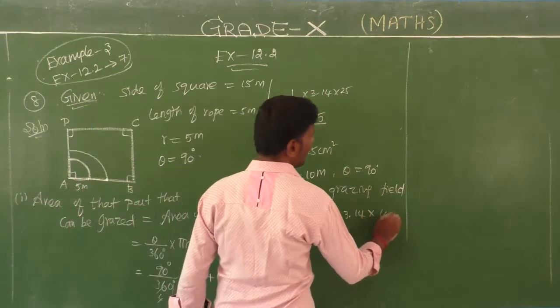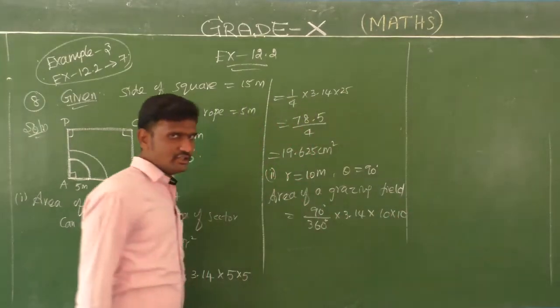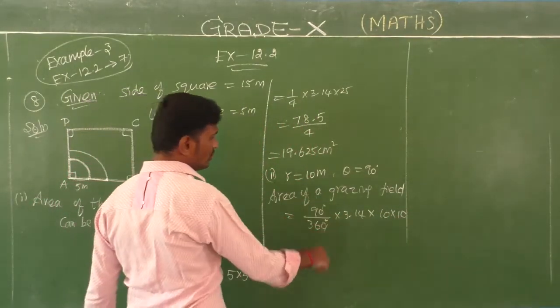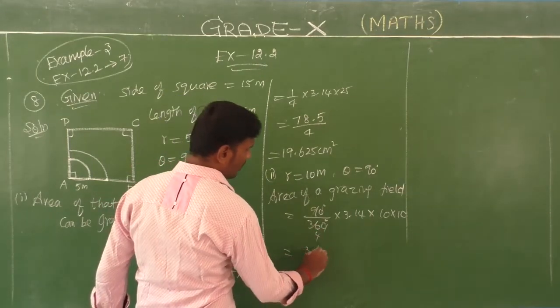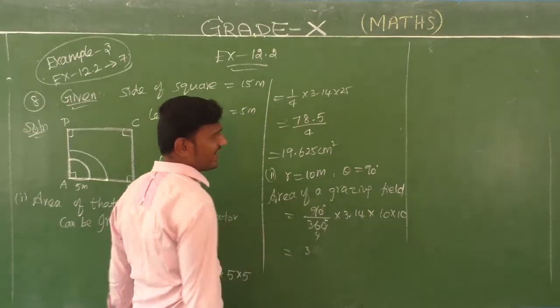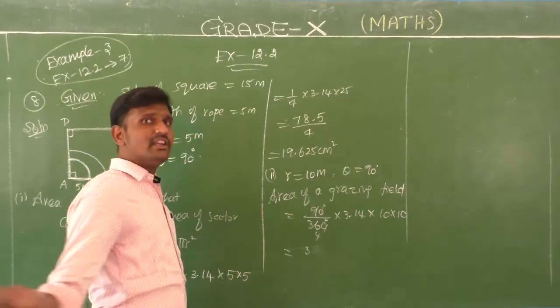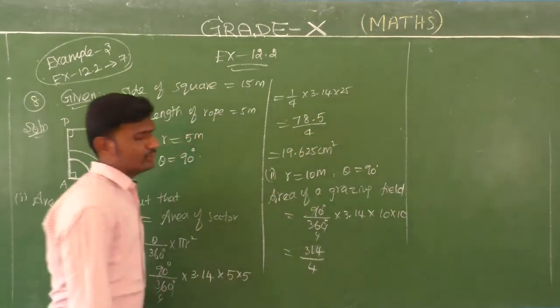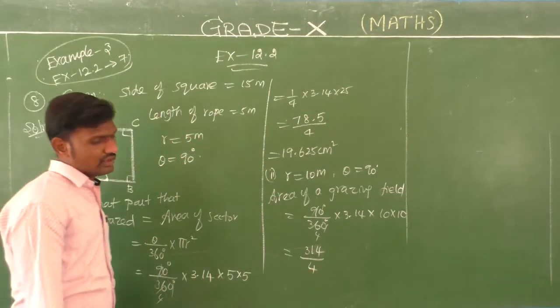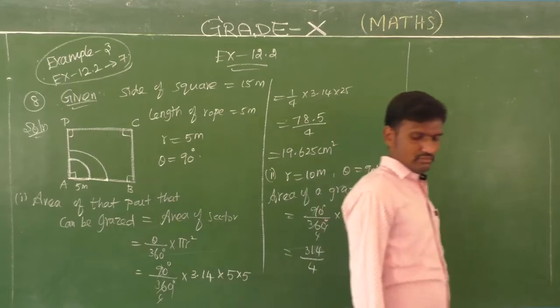So 10 into 10. Now the simplification: 0 0 cancel. 9 ones are 9, 9 fours are 36. Then 3.14 into 10 into 10. 10 tens are 100, so the 2 decimals also cancel to get 314 divided by 4.